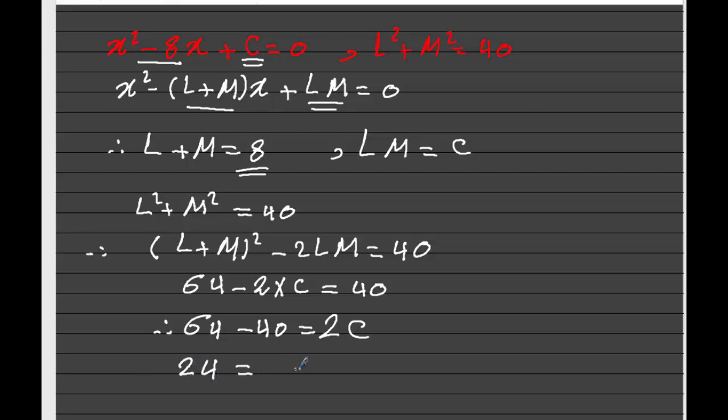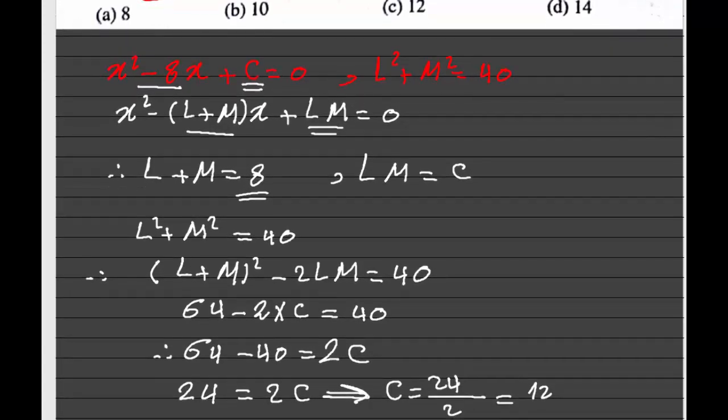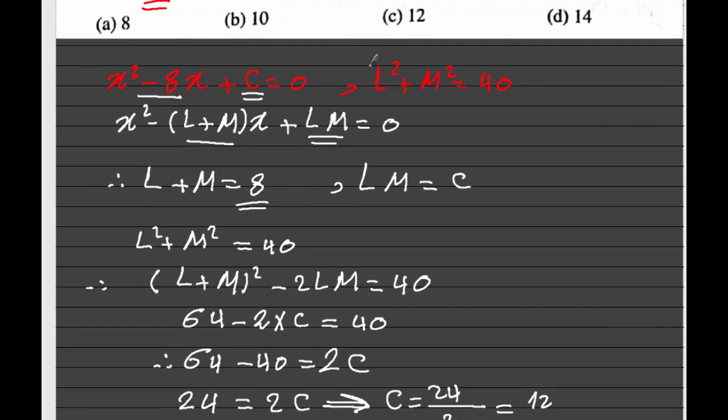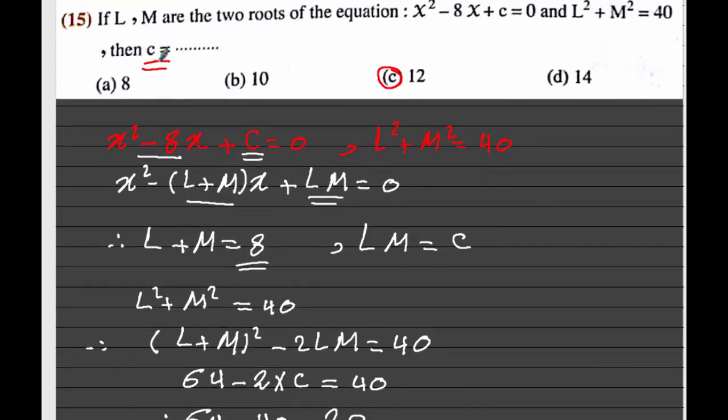So 24 equals 2C, and from that, C equals 24 over 2, which equals 12. And we will choose letter C here, because C equals 12, and the required here is to find the value of C. C here is the constant, of course.